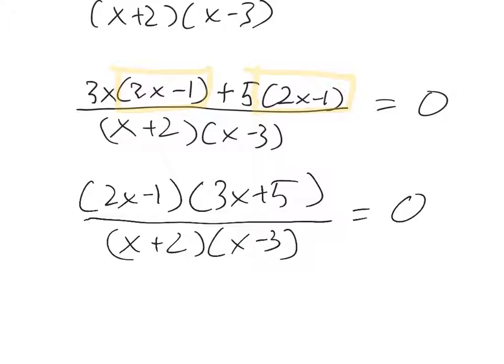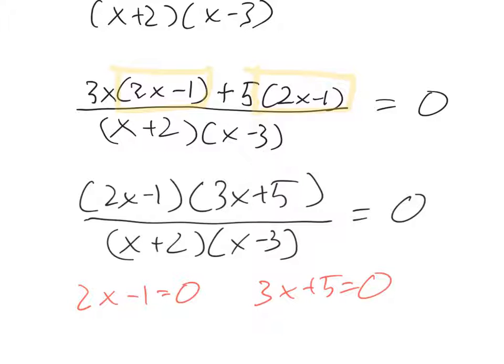So all that is going to be left for us to do is find out when the top is equal to 0, right? How do we do that? We just have to set each of the individual ones, 2x minus 1 and 3x plus 5, equal to 0, because since the two binomials are being multiplied on top, if one of them is equal to 0, then their product is equal to 0.